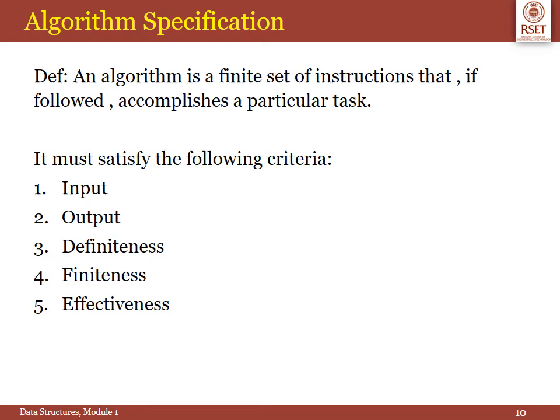My algorithm shouldn't go into an infinite loop. Effectiveness: each instruction must be basic enough to be carried out. What it means is that it should be easily feasible to code that particular algorithm.